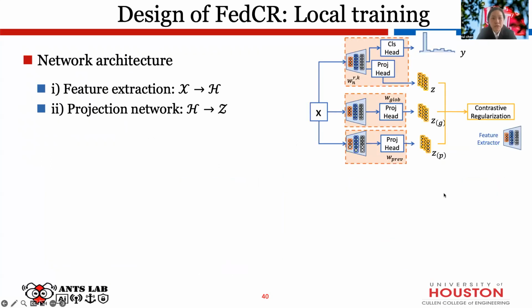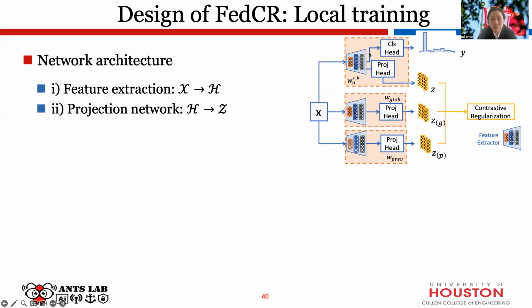And next, I will introduce our main design for the local client side. We consider the network architecture as follows. We have a feature extractor to map the input data into a feature map. And then we also connect a projection head to further map the feature into an embedded space with lower dimensions.